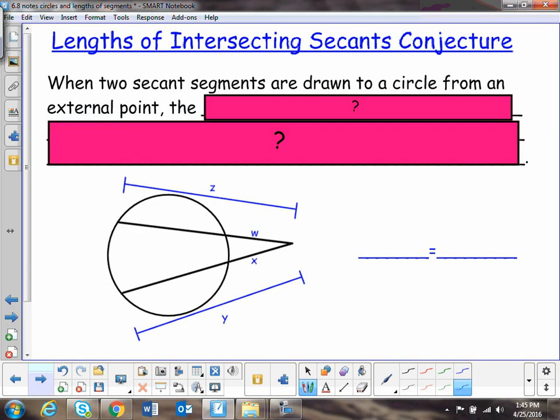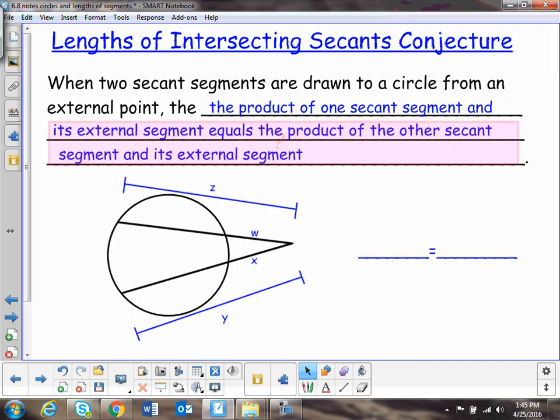Okay. Next one. Length of intersecting secants. Give you a second to write that down, and then I'll explain it in the picture. It's always easier when a picture is there rather than 100 words.